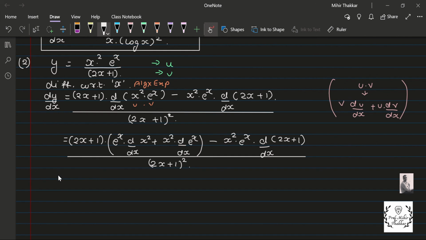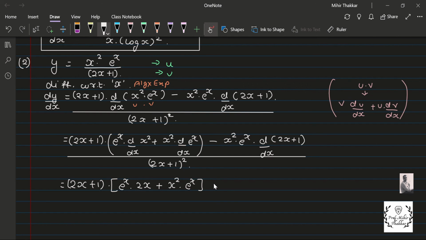Now this 2x plus 1 is outside the derivative or outside the bracket, so leave it. Inside the bracket, e raised to x is as it is. Derivative of x square is 2x. x square is outside the derivative, so we leave it as it is. e raised to x is an exponential term whose derivative is e raised to x itself. So I get e raised to x multiplied by x square for this term.